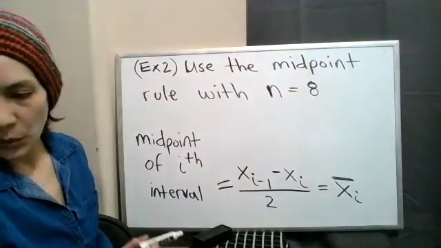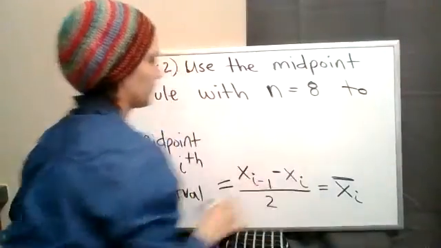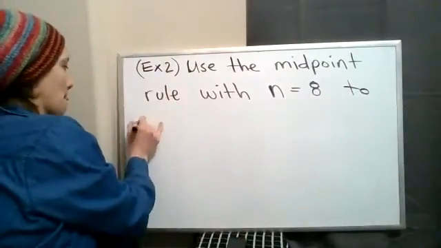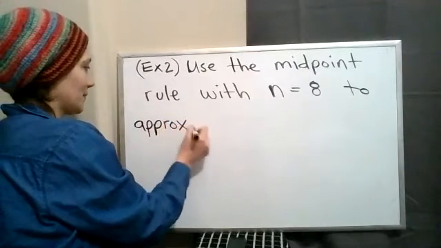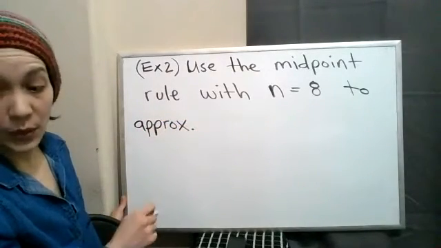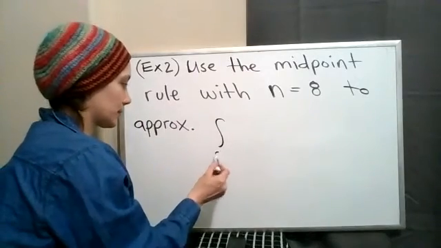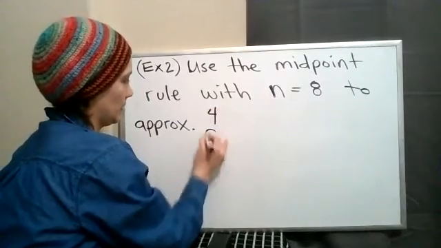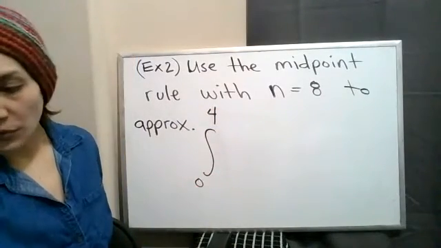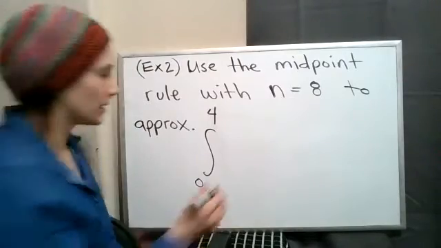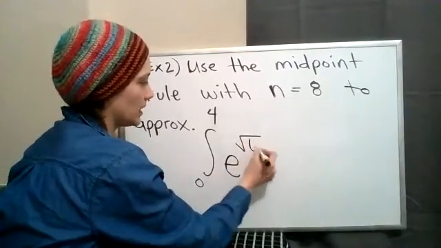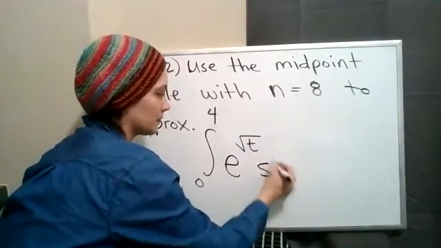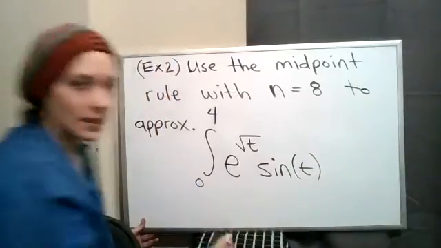Okay, and we're going to approximate the integral from 0 to 4 of e to the square root of t, multiplied by the sine of t, dt.